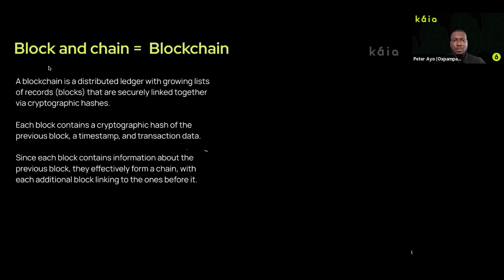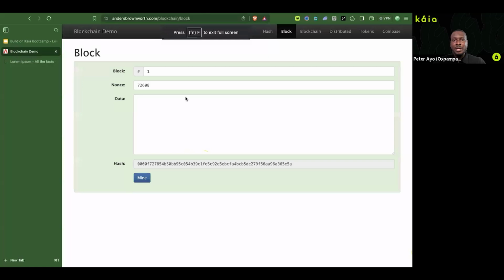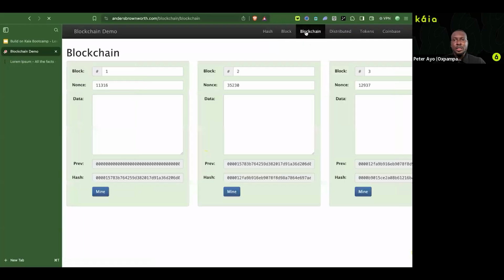Let me exit this and go back to the blockchain demo. So we're talking about blockchain, right? We've talked about block 1, block 2, and now that we have various hashes or previous hashes added to the different blocks, we've seen that when we try to mutate a state, it provides a separate hash value.